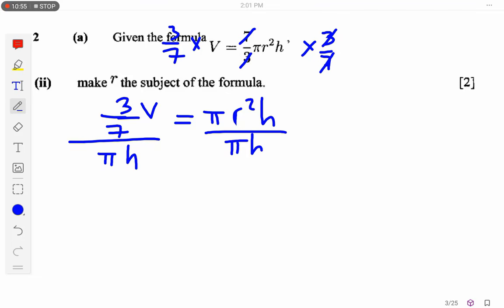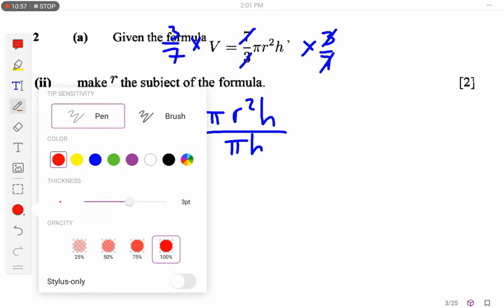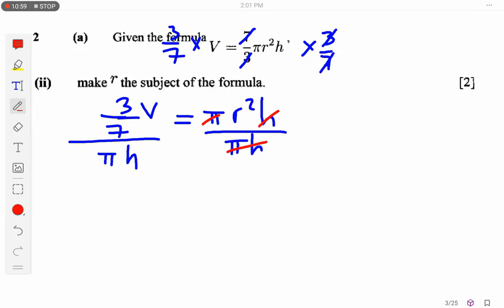Okay. So this side, they cancel off each other like that. Then this side is the same as they are dividing, 7 and pi H there, they are dividing the whole thing. So I can rewrite this as 3V over 7 pi H is equal to R squared.